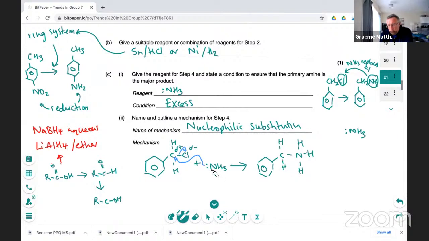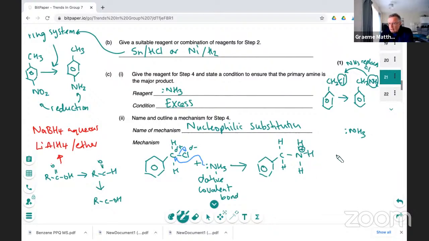Now, chemists, the lone pair is being donated into the carbon. Right, this is my dative covalent bond. And because it's putting the lone pair into the carbon, this then becomes positive like this. It's supposed to be a positive right there. All right.